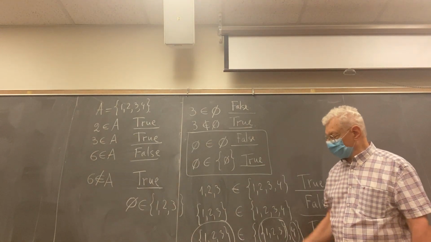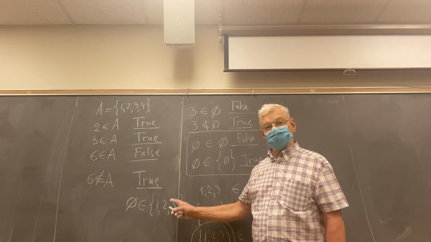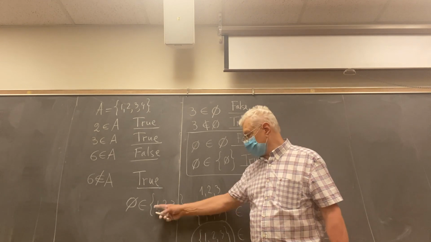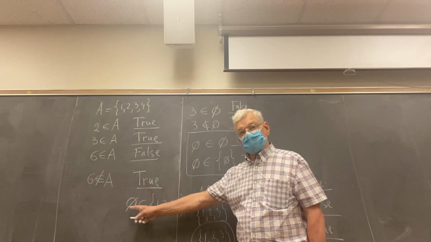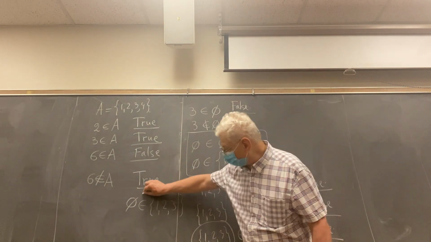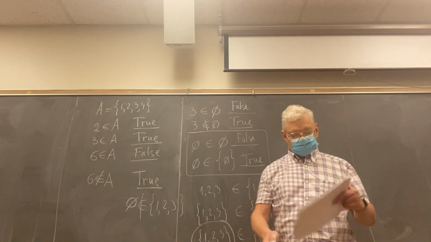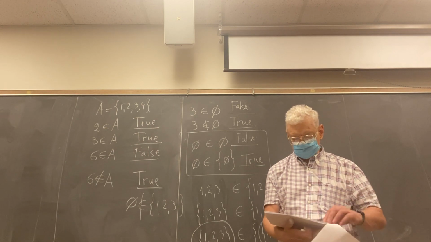What are the elements of this set? 1, 2, and 3. So what is the cardinality of this set? 3. Now this is an object. Is this object among these 3 elements? No. So therefore it's a cross. That is a tricky question.